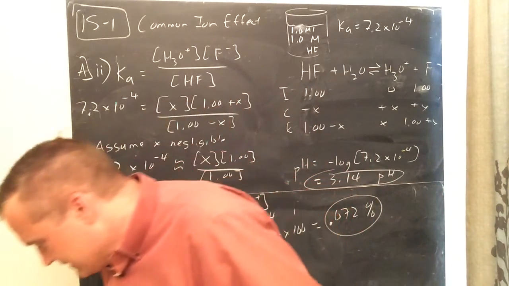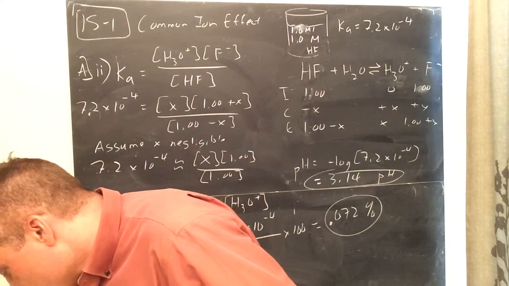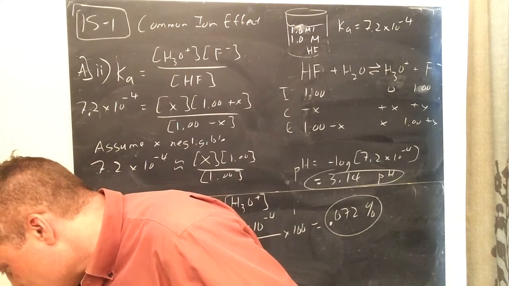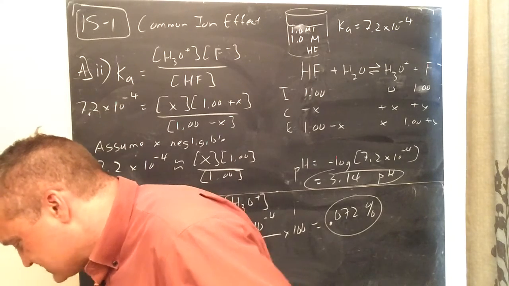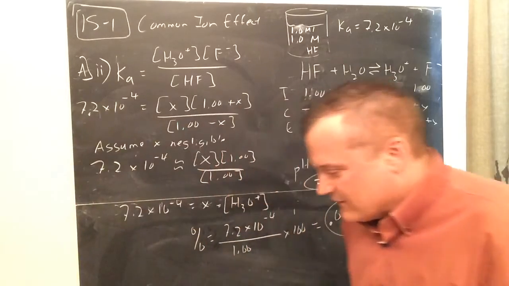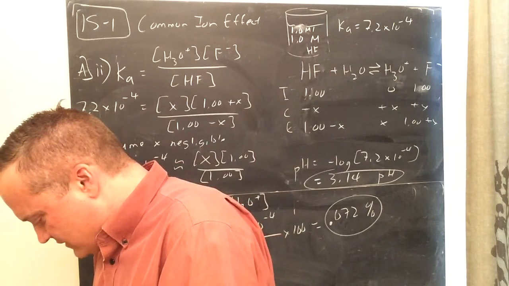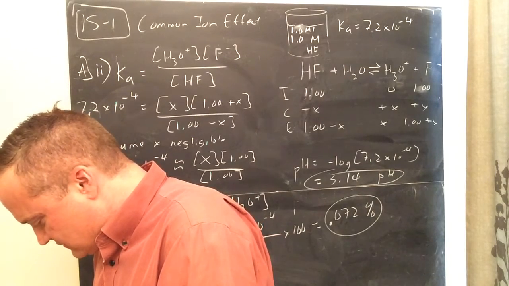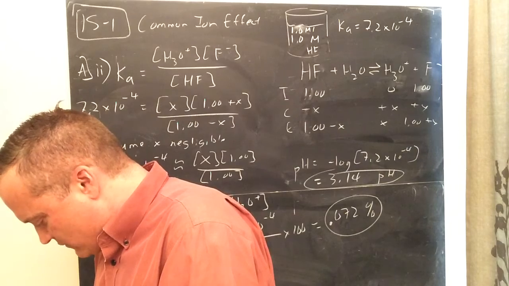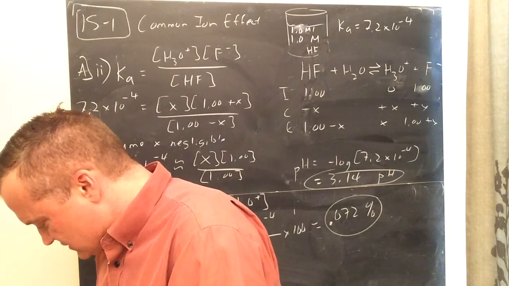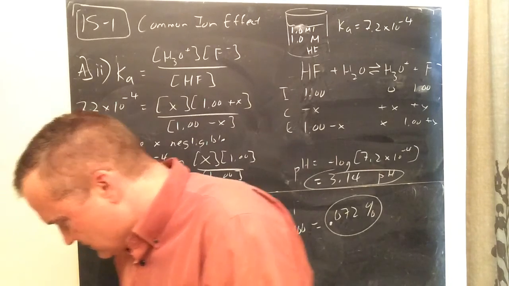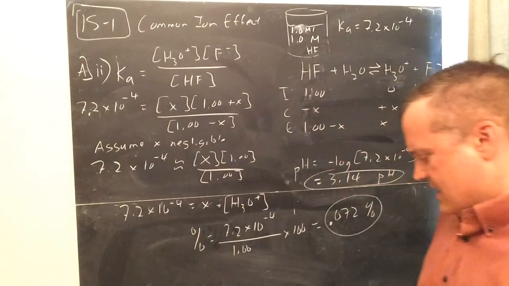Okay? And then the percent dissociation in number 1 was 2.7%. But in this one, it was 0.072. Well, I didn't even calculate it in the first problem anyway. But it'd be 2.7 times 10 to the negative 2. Oh, divide by 1. Yeah, that's correct.